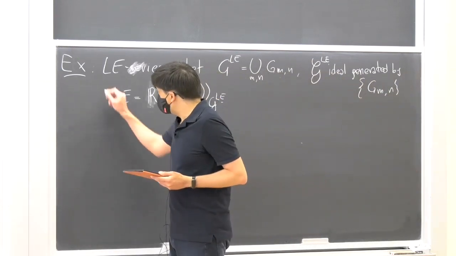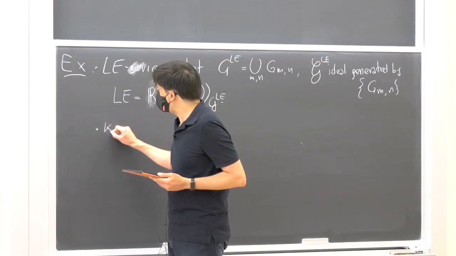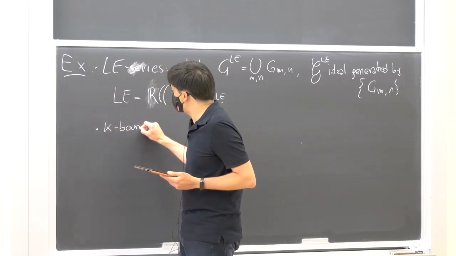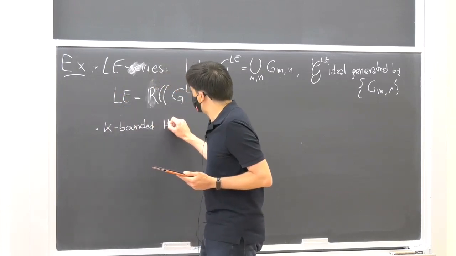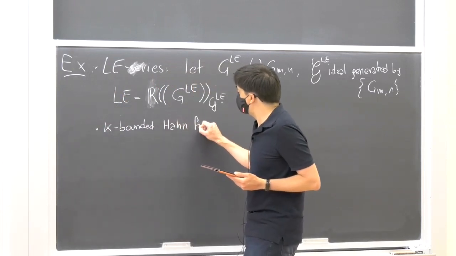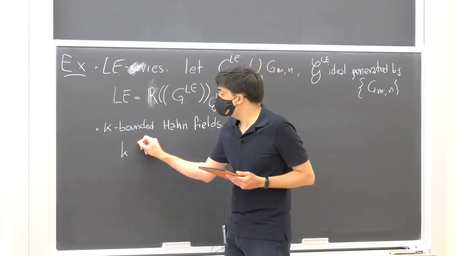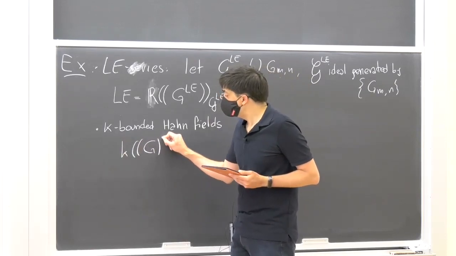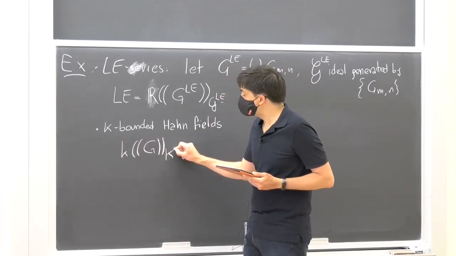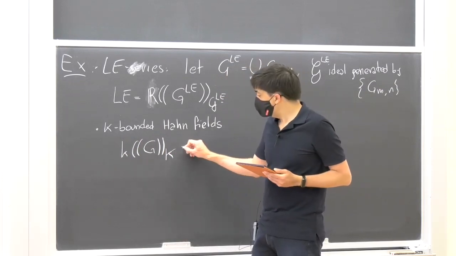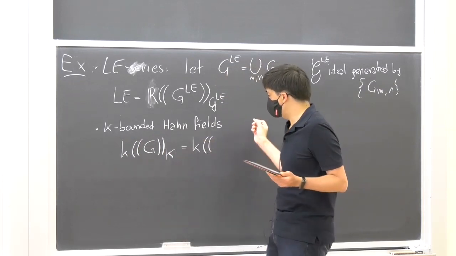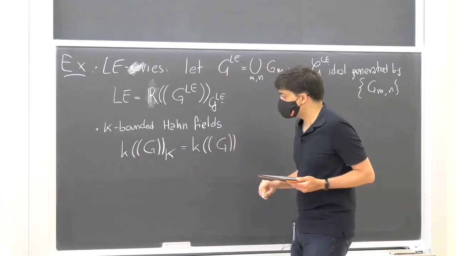Then another example is kappa-bounded Hahn fields, which normally will be written like this, where this kappa now is a cardinal. Now I have to come up with some way of writing this.